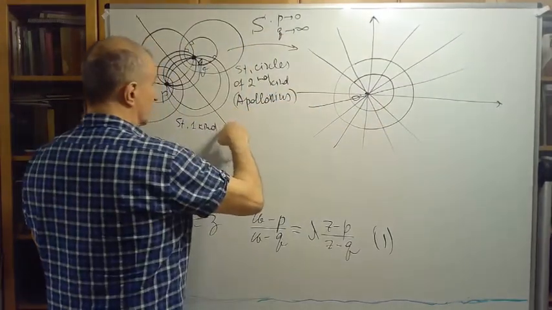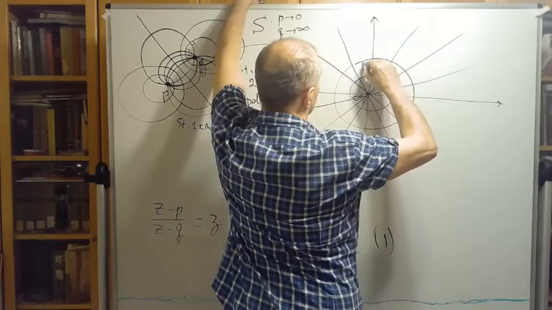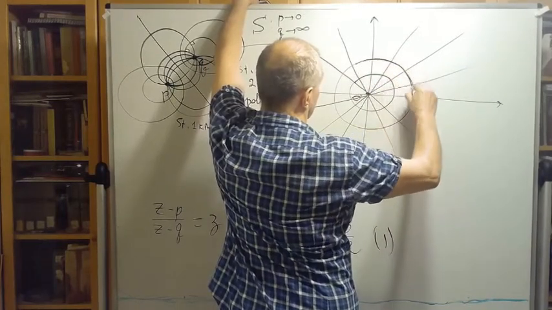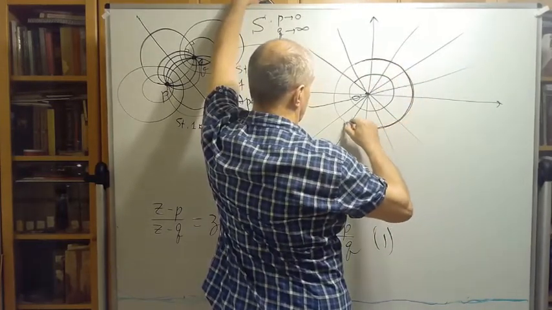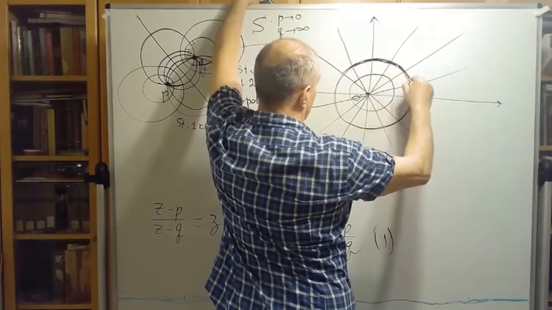And suppose this line has as the image this circle. I will make this line more prominent.